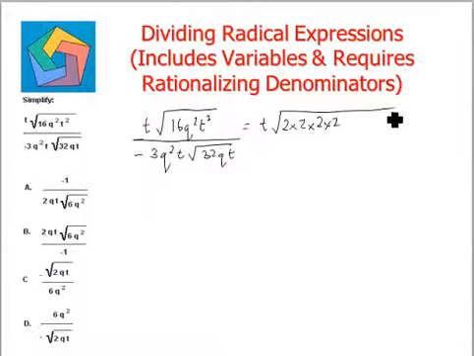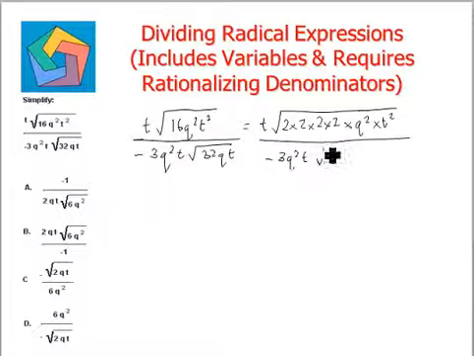Q squared can be written as it is and t squared as it is. In the denominator we have negative 3q squared t. 32 can be written as 2 times 5 2's and a q and a t.